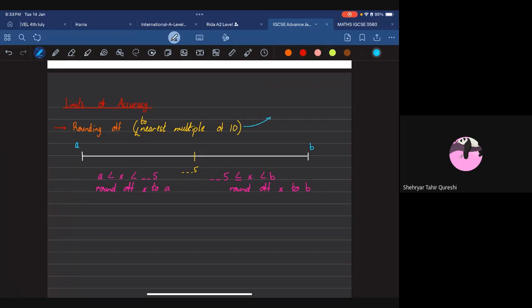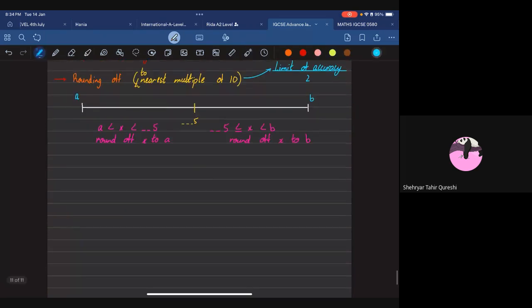If you don't know what the middle point is going to be, you can simply put the limit of accuracy over 2. Clear? So you can simply put the limit of accuracy over 2. What is the limit of accuracy? Whichever you're trying to round it off to.